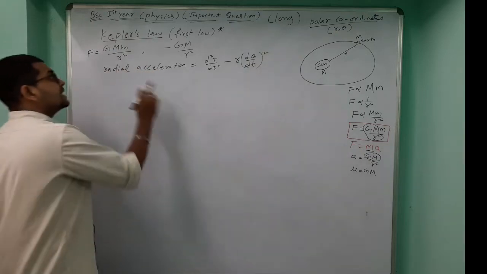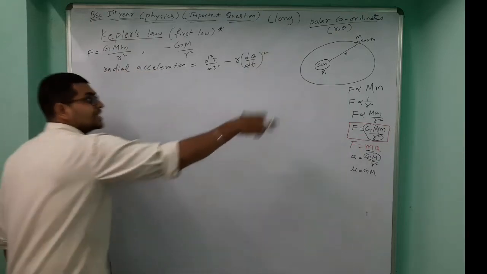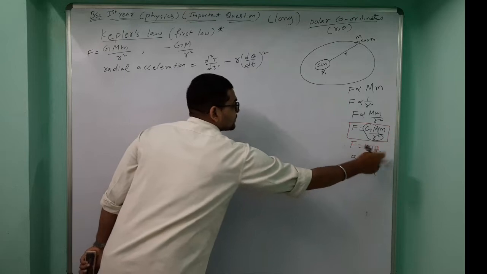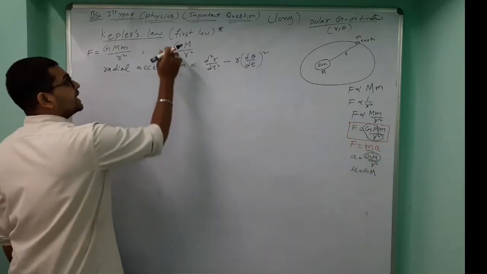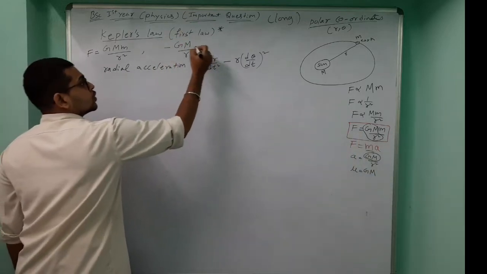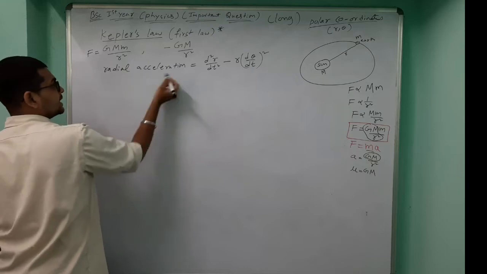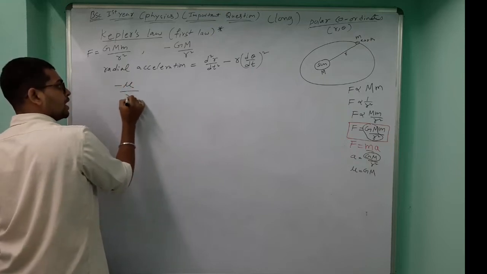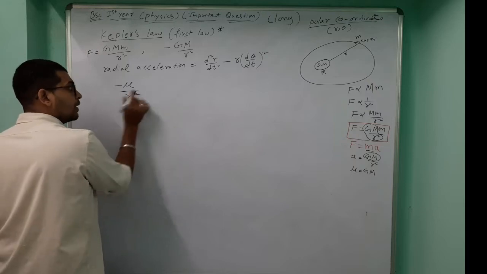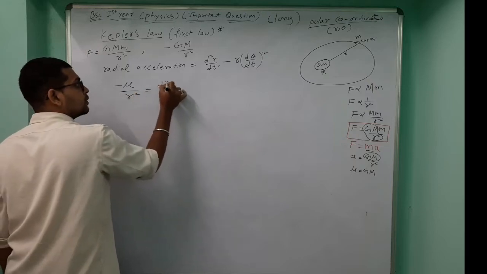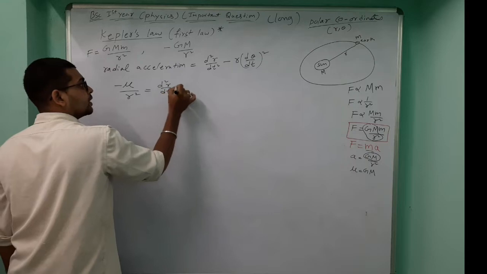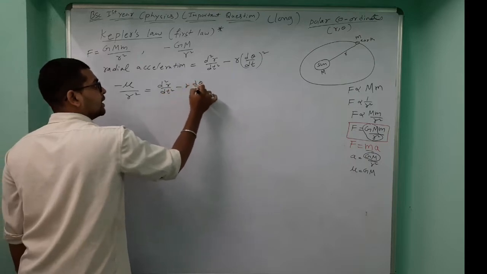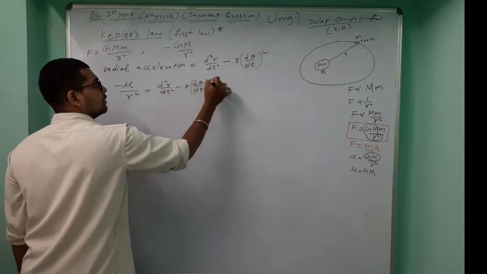So I am writing the radial acceleration as minus mu by r square is equal to d square r by d t square minus r into d theta by dt whole square.